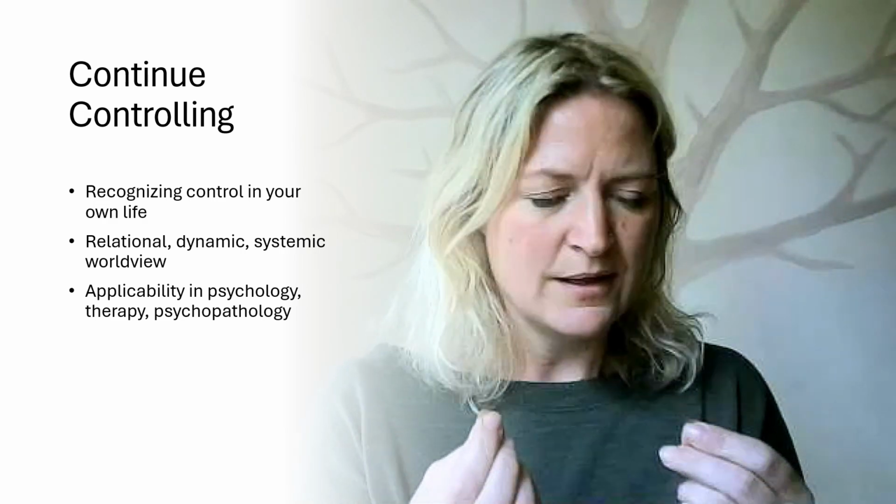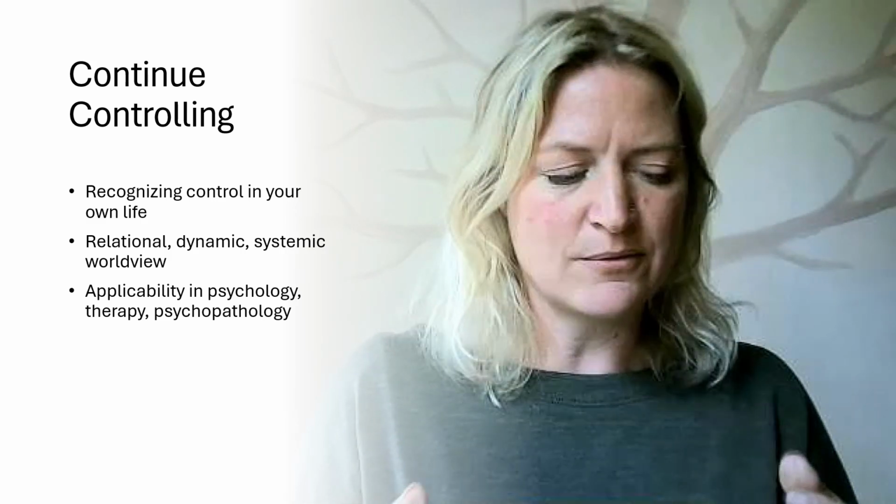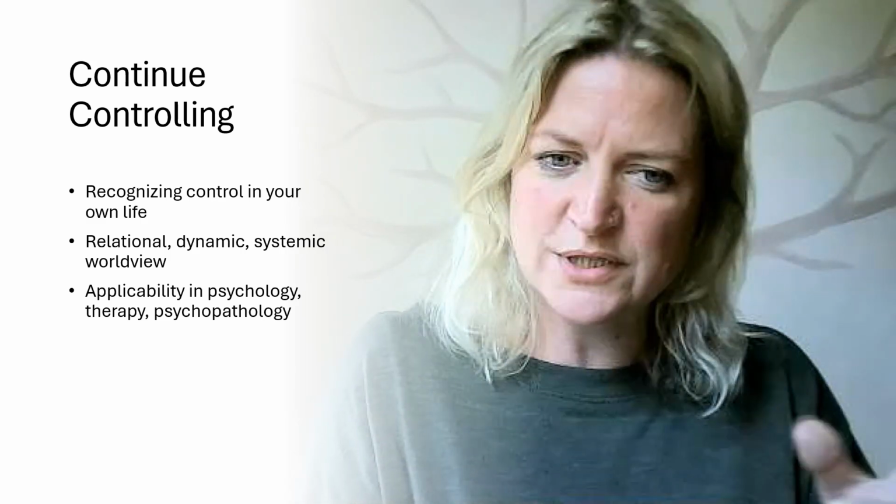So how can you learn more about this theory? Well, there are a lot of books, papers, blog posts, and videos about perceptual control. We're all very enthusiastic about it and would love to tell you more. But it starts with recognizing control in your own life. So think about what it is that I'm wanting, that I'm keeping in a certain state, or what do I want to achieve?